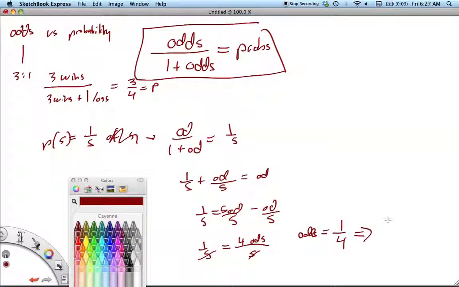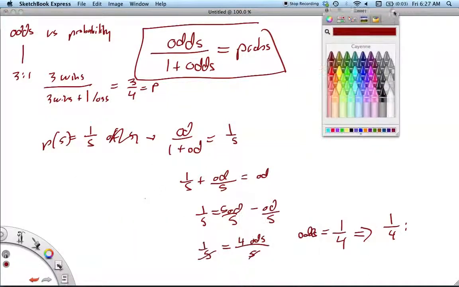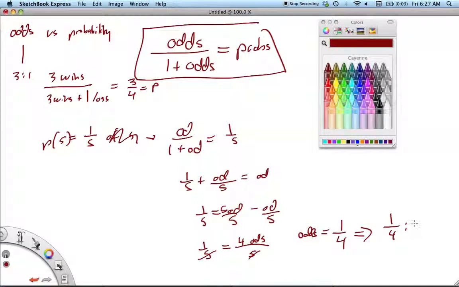which implies that you've got sort of like a 1/4 to 1 odds of losing, or if you will, 4-to-1 odds. Sorry, that was winning or losing.